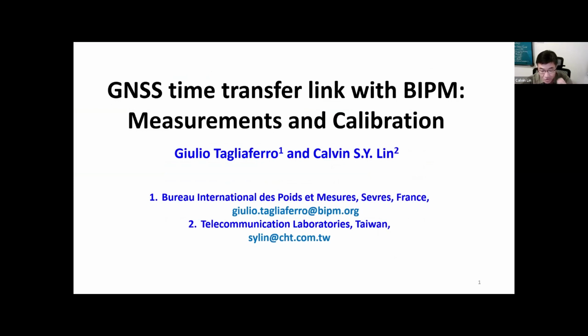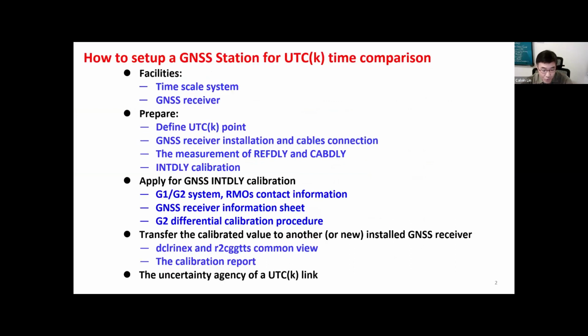In this session, Giulio from BIPM and I from TL Taiwan will discuss the GNSS time transfer link with BIPM, including the measurements and calibration. We will briefly discuss how to set up a GNSS station for the time comparison between several UTC labs. At first, we will mention the necessary facilities used for GNSS time transfer, including the timescale system and your GNSS receiver system.